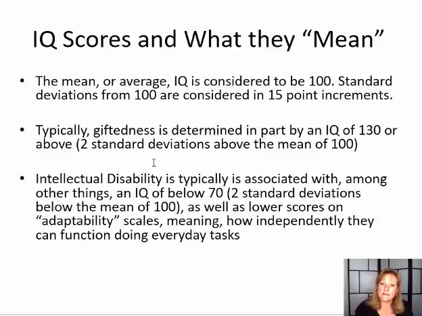An intellectual disability, we used to call it mental retardation, now we call it intellectual disability, is typically associated with an IQ below 70, or below 2 standard deviations away from the mean on the bell curve. To determine intellectual disability, they also must have severe impairments in life skills, or in the everyday tasks that people are involved in to go to work or to be at home, to keep a home independently, those sorts of things.